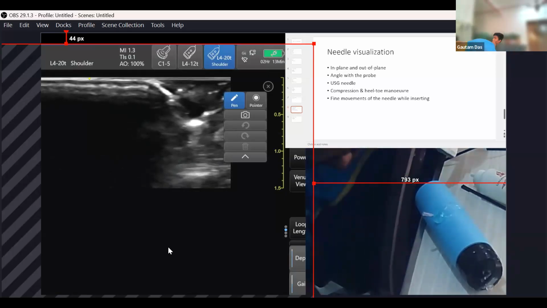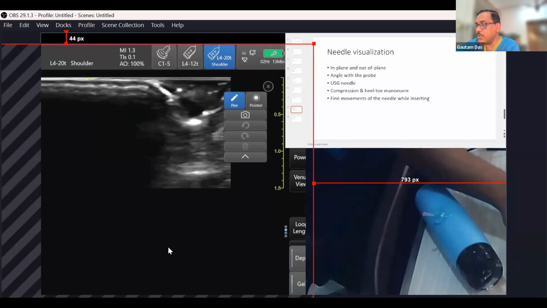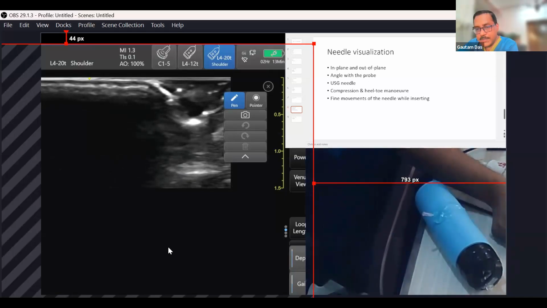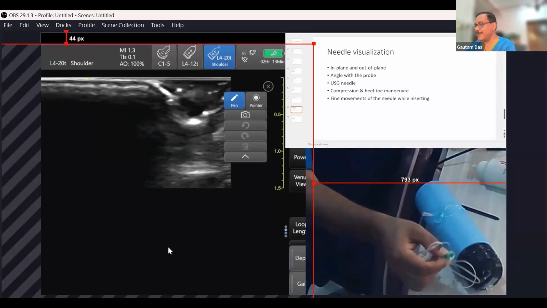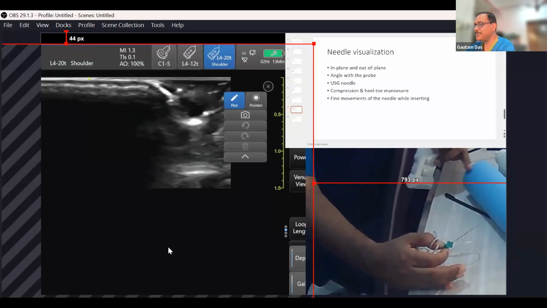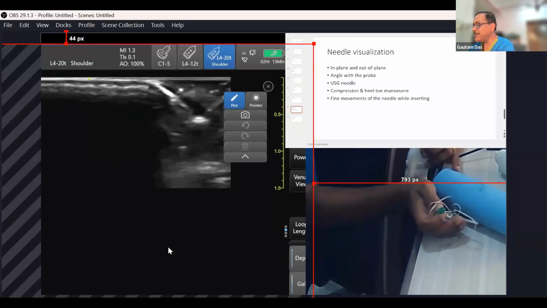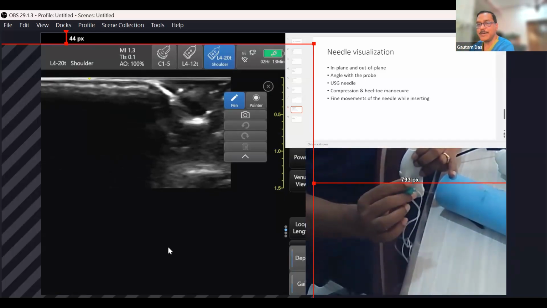And another way to do it is to use the ultrasound needle. This is an ultrasound needle. Here the needle has such a rough surface that it is better visible.